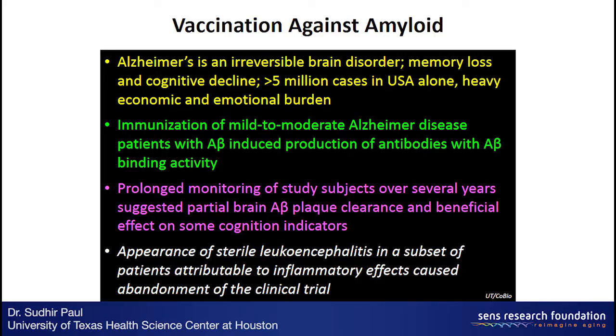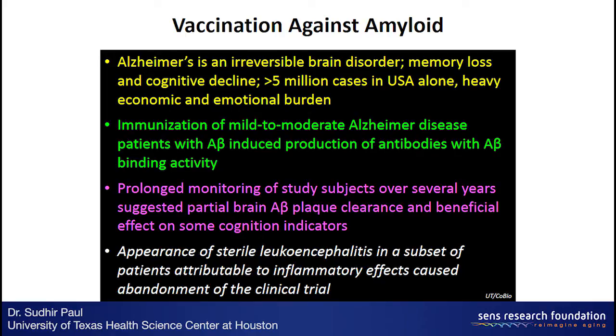They made antibodies, and then over several years, studies of the patients in this clinical trial of mild to moderate Alzheimer's disease patients who were vaccinated showed evidence of removal of the amyloid beta peptide.